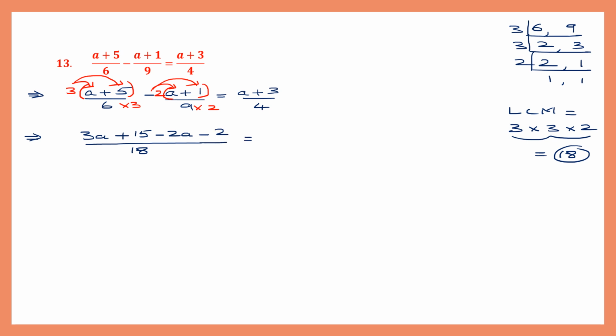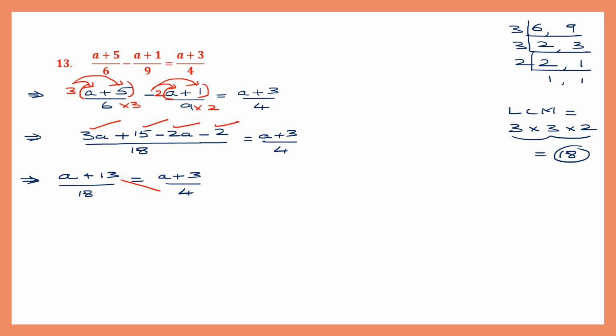And all this is equal to a plus 3 by 4. Now here, let's look at the like terms. We have 3a minus 2a. 3 minus 2 is 1, so it's simply a. Then we have 15 minus 2 is 13. So that is plus 13. And in the denominator, we have 18. And this is equal to a plus 3 by 4.